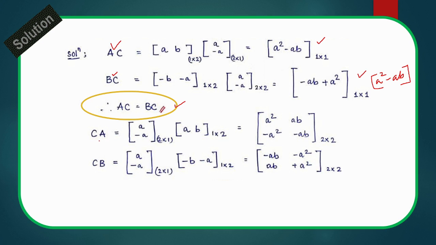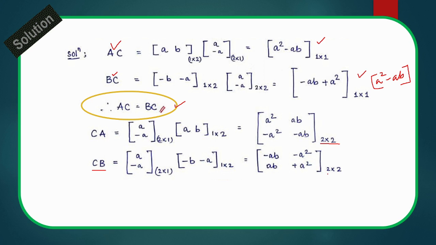If we see, CA is also multiplicable, because this is 2 cross 1 and this is 1 cross 2. So the final answer will be a 2 cross 2 matrix. If you want to check, you can check. And CB is also multiplicable. This is 2 cross 1 and this is 1 cross 2.